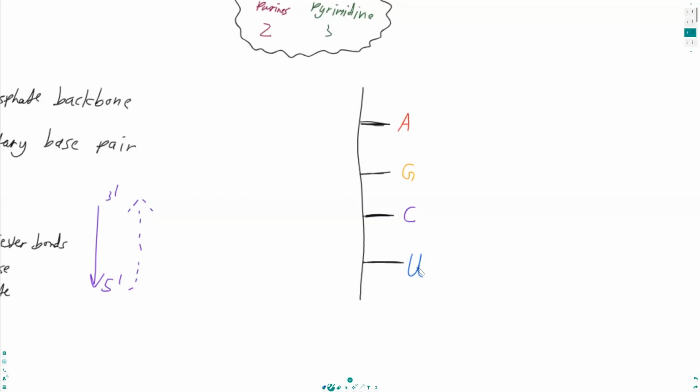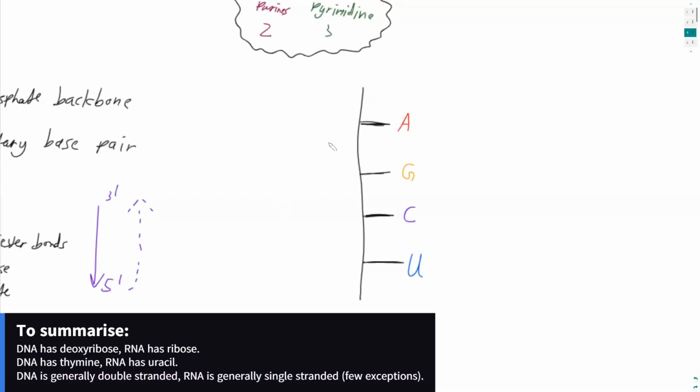That's the major difference. Another major difference is the sugar in RNA. RNA stands for ribonucleic acid, which means that the sugar in the sugar phosphate backbone is also a pentose sugar, but its name is ribose. So that's another major difference.